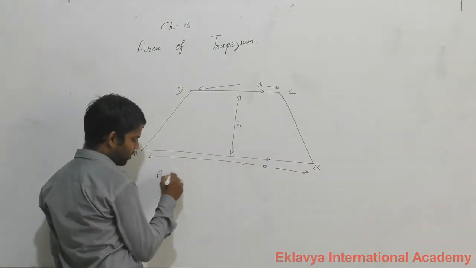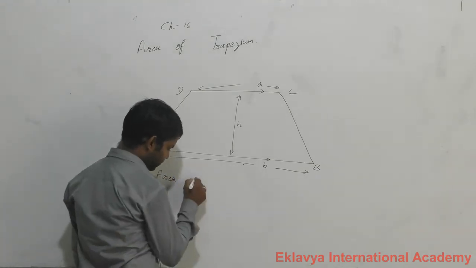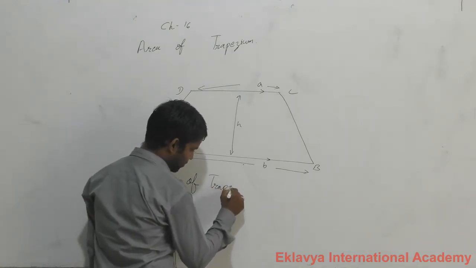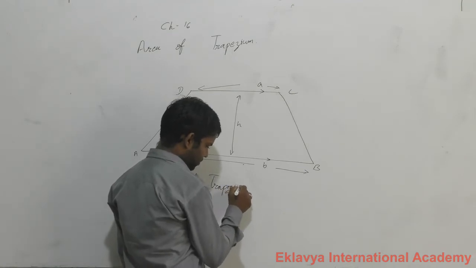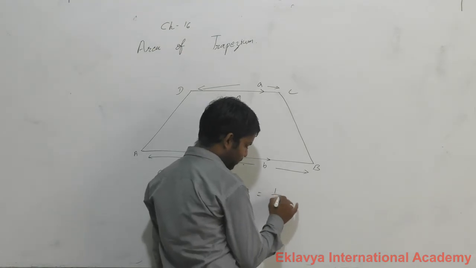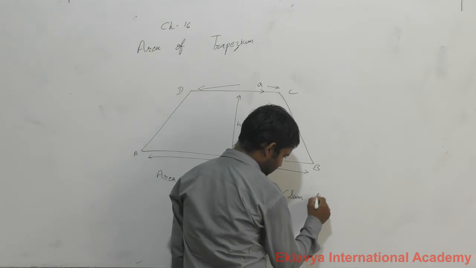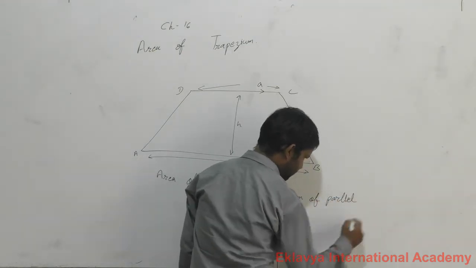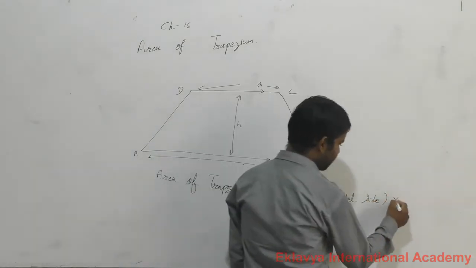Area of trapezium is equal to 1/2 bracket sum of parallel sides multiply by height.